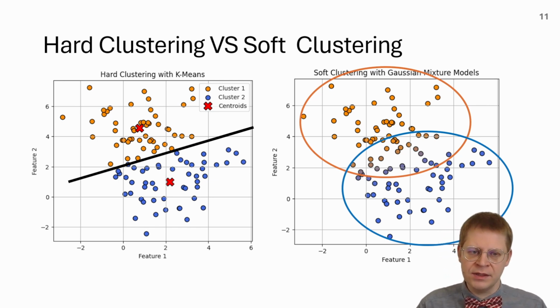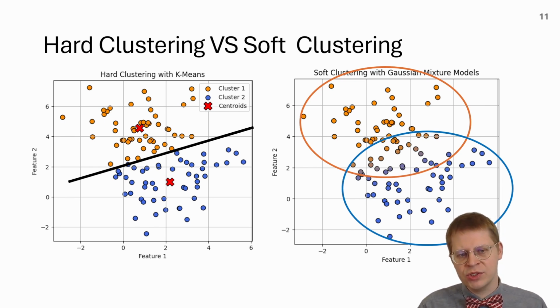On the right, Gaussian mixture models show soft clustering. Here, points are assigned probabilities of belonging to each cluster. And this approach better reflects reality, where boundaries between clusters are often fuzzy.